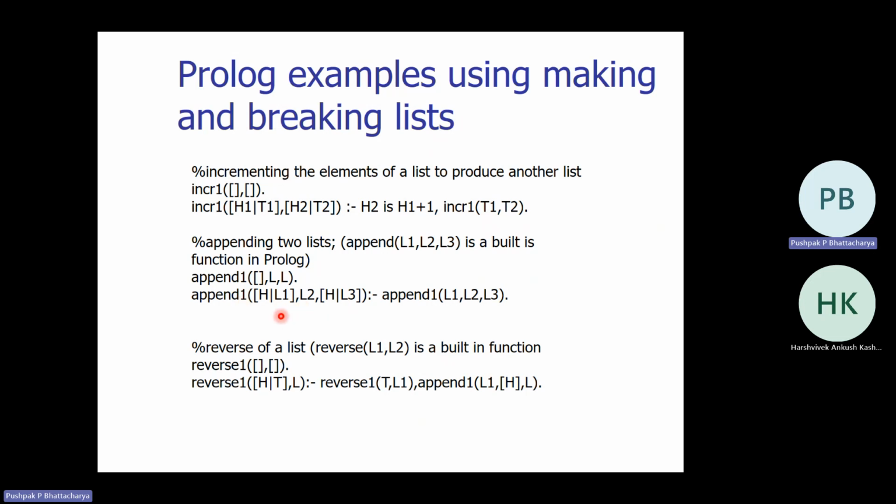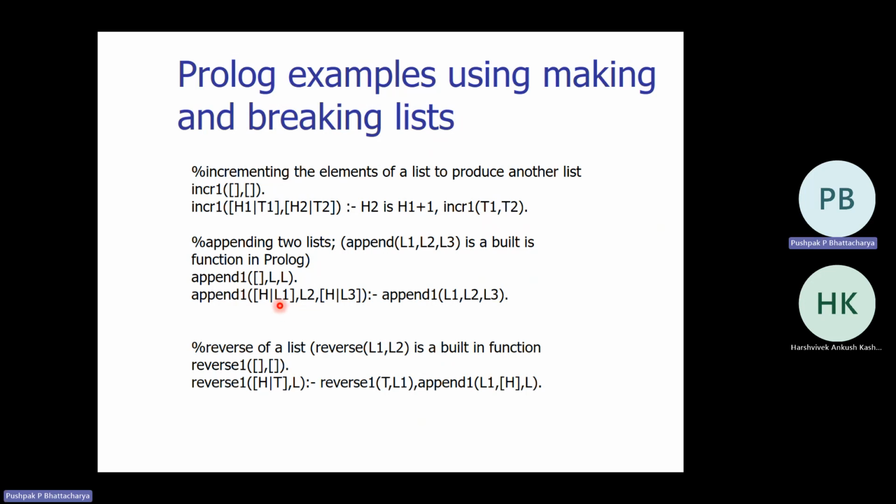So you have to start with breaking the list. The input list is broken in two parts, H and L1. Fine. Then you see what is happening here. The result list will contain the head of the first list. So these two H are the same.